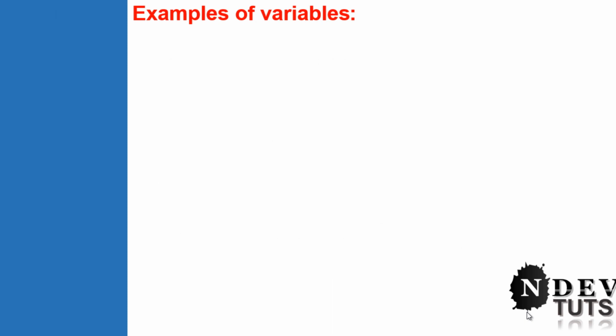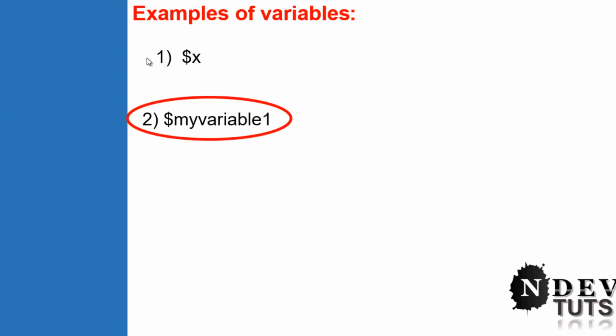Examples of variables. $x follows rule number 1. A variable name starts with the dollar sign followed by the name of the variable. $myvariable1 follows rules 1 and 2.